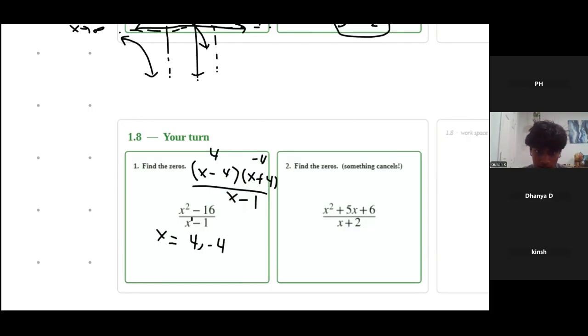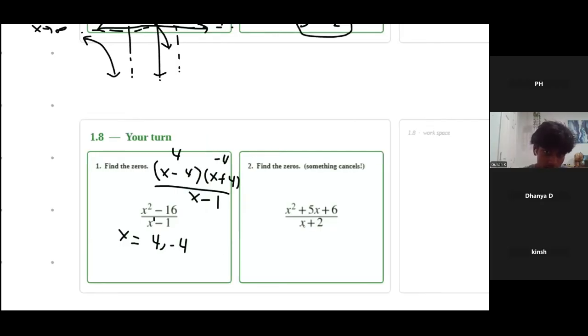All right, now the zeros over here. Let's again factor. So the top becomes (x plus 3)(x plus 2), and the bottom stays as x plus 2.